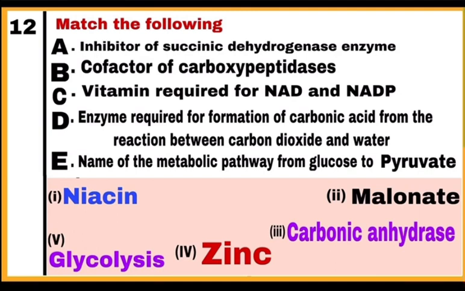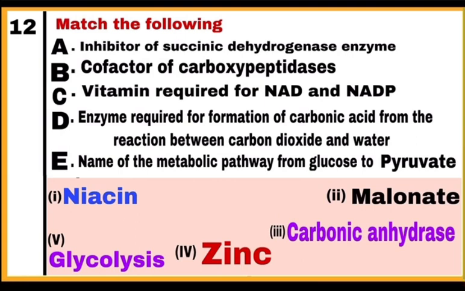D. Enzyme required for formation of carbonic acid from the reaction between carbon dioxide and water. This reaction is catalyzed by the enzyme carbonic anhydrase. E. Name the metabolic pathway from glucose to pyruvate.